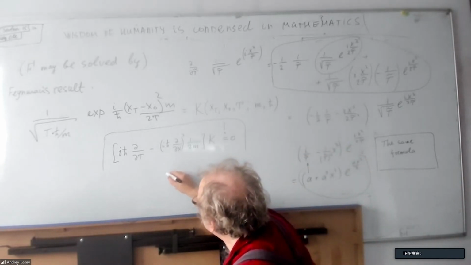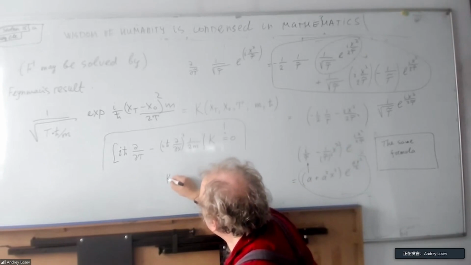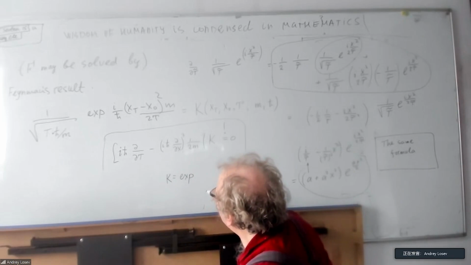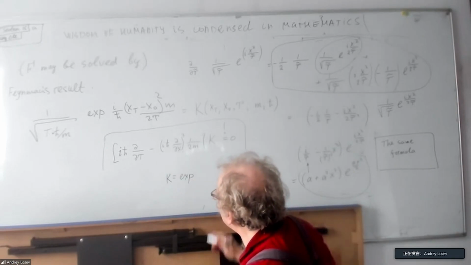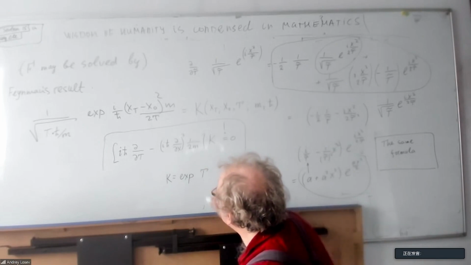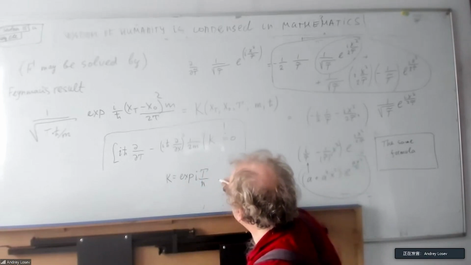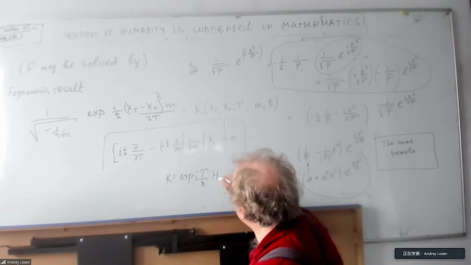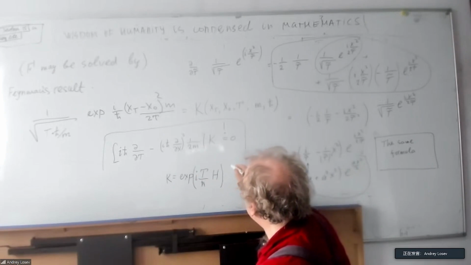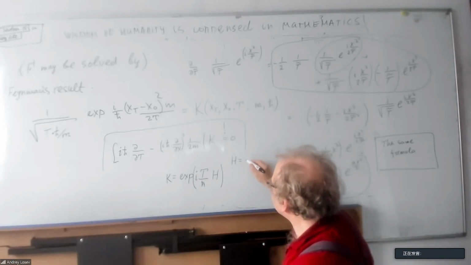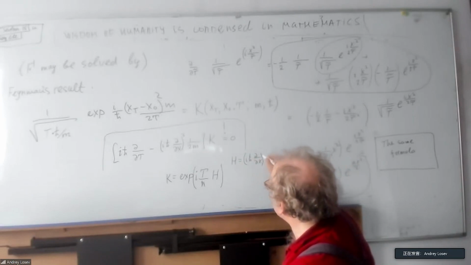That K is actually the exponential of, so if I try to see what does it mean, of t divided by h, and here I have the Hamiltonian H equals i h d over dx squared, 1 over 2m.